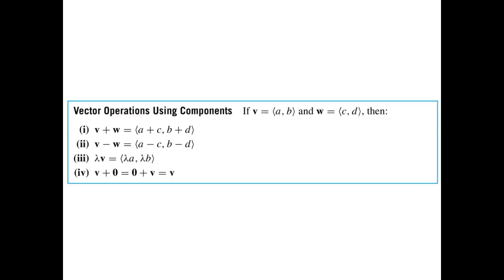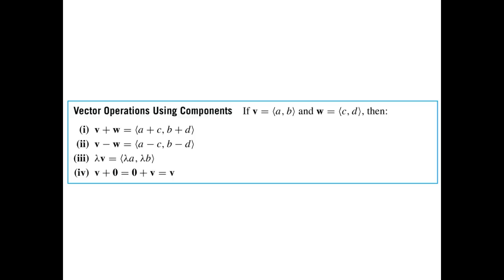Here's vector V, bold vector V. I would draw it with an arrow over it. A, B are its components. Those are the angle brackets. Vector W, components C, D. Remember, the first is always horizontal, the second is always vertical. If you get more than 2 dimensions, you have to define those too, but we're in 2 dimensions now.